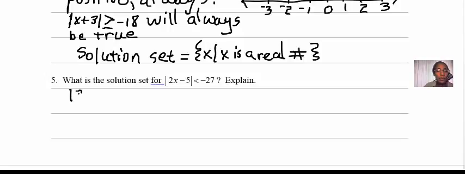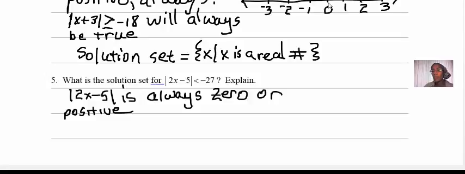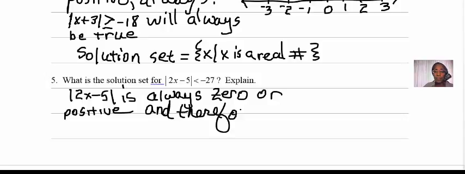So the absolute value of 2x minus 5 is always 0 or positive, and therefore never smaller than a negative number.